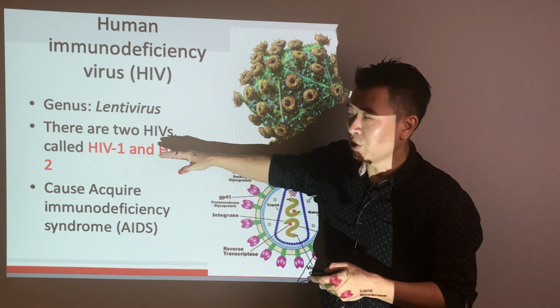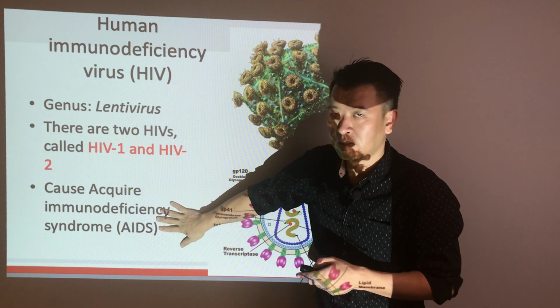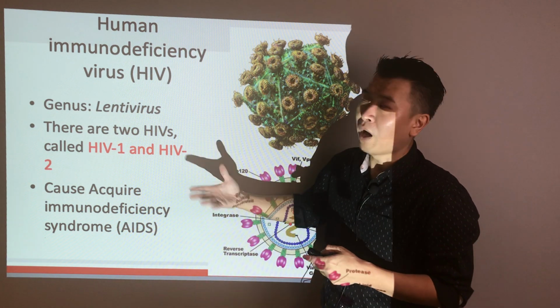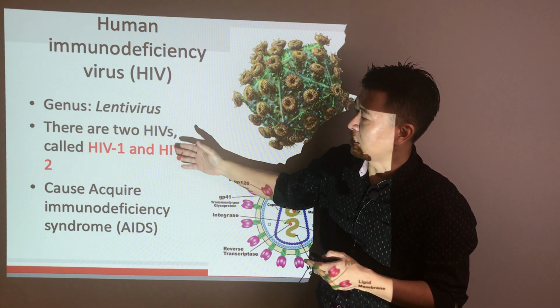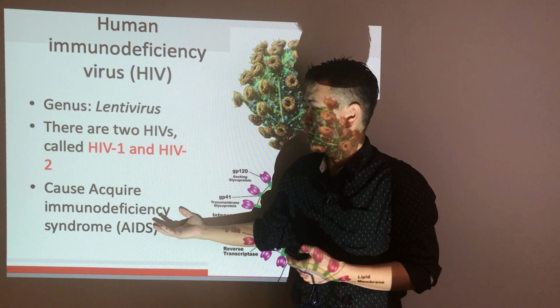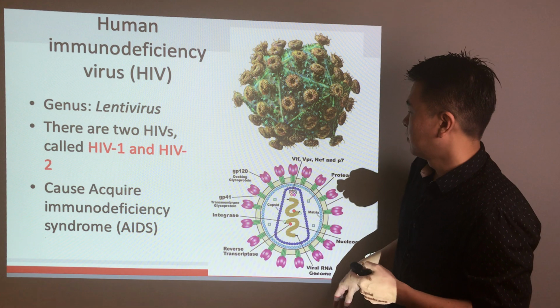Not all infections will eventually cause this. If the person who is infected does not undergo any treatment, eventually the virus will make the immune system so low that they become immunodeficient.